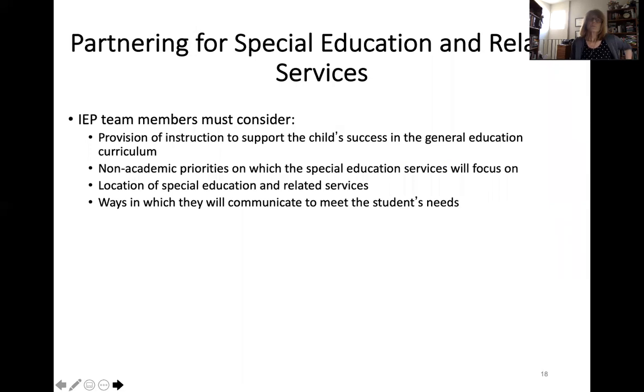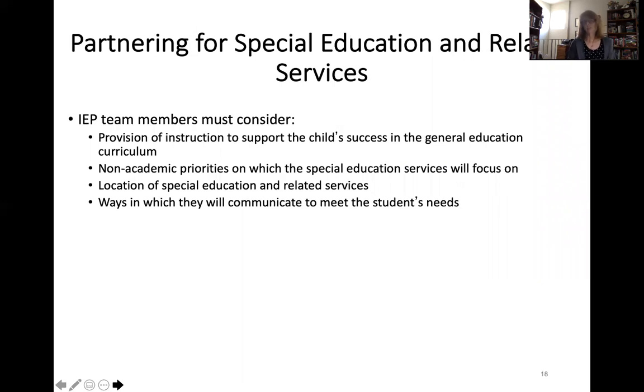One of the most important things to understand is that when we talk about educational needs for all of our students who have disabilities, it takes into account not just their success in general education curriculum, but it also needs to take into account their non-academic priorities on which the services may focus on.